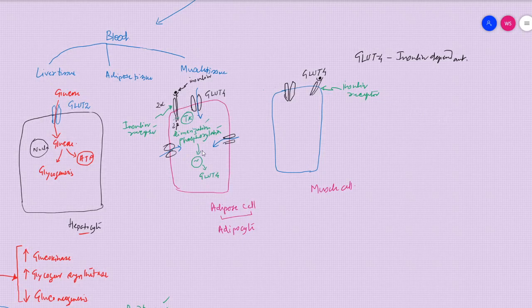Okay, and directly what it does, it causes the growth of the adipose cells. Okay, so that is called lipotrophy. So the adipocytes undergo trophy, meaning they become big, and that is called hypertrophy. Okay, so they increase in size.